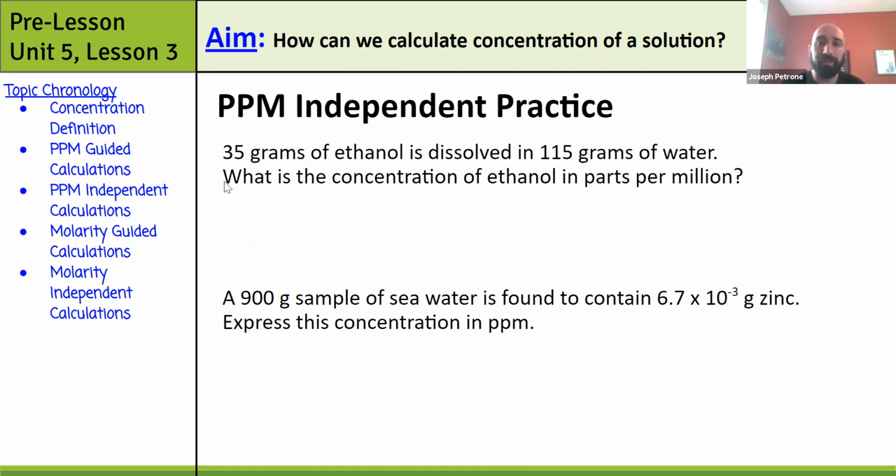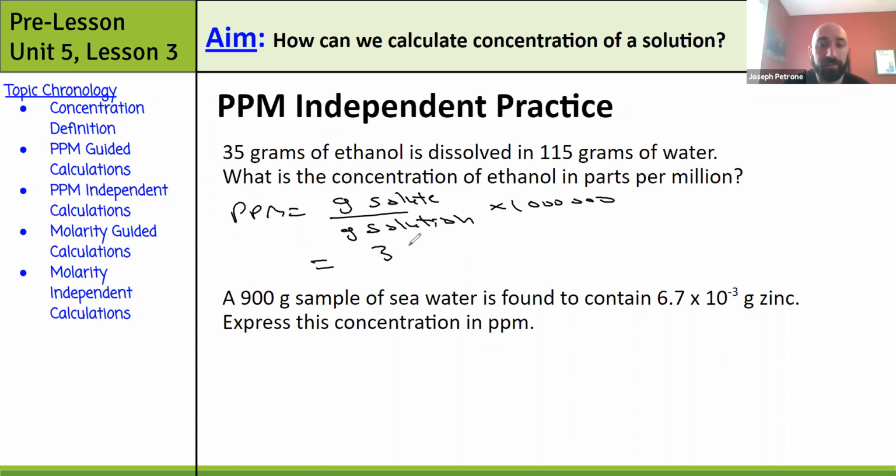So number one states we have 35 grams of ethanol is dissolved into 115 grams of water. What is the concentration of ethanol in parts per million? So once again, our formula is parts per million equals grams of solute over grams of solution. We know our solute is the ethanol. Sorry if I said methanol before, my mistake. So we have 35 grams of ethanol, but we are not given a mass of a solution in this case.